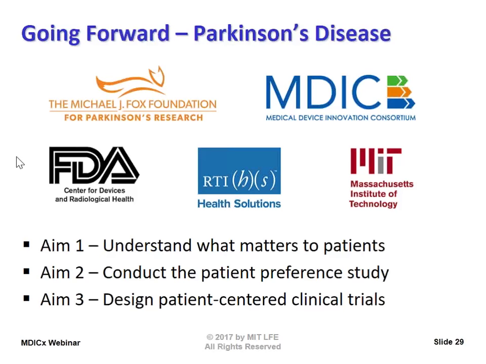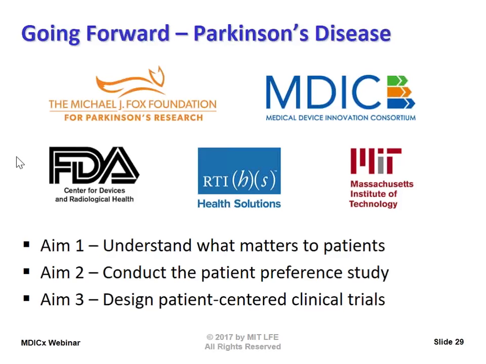As for Parkinson's disease, it has also been a very important public health concern. We also understand that Parkinson's disease patients are very heterogeneous. They may be at different stages of their disease, and each stage faces very different treatment options regarding the benefit-risk trade-off.